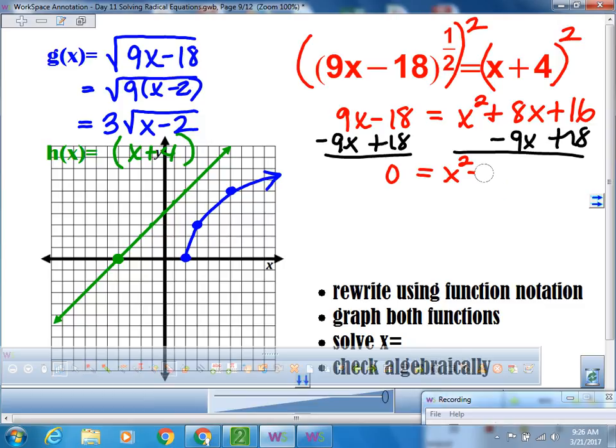What is 16 and 18? 34? What two numbers make up 34? 8 and 2?